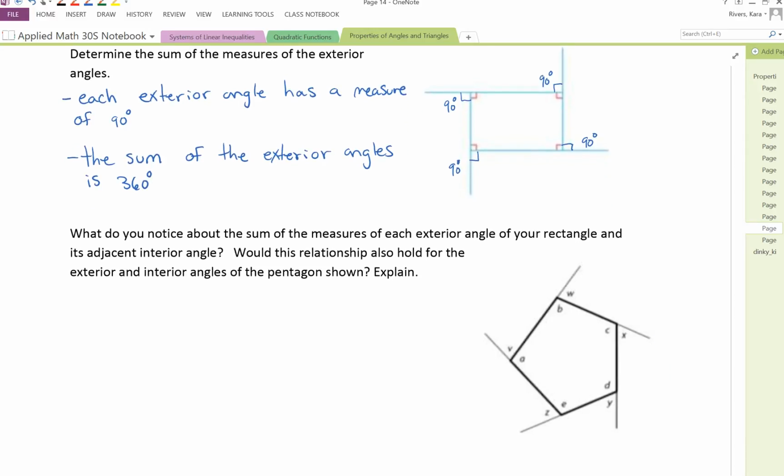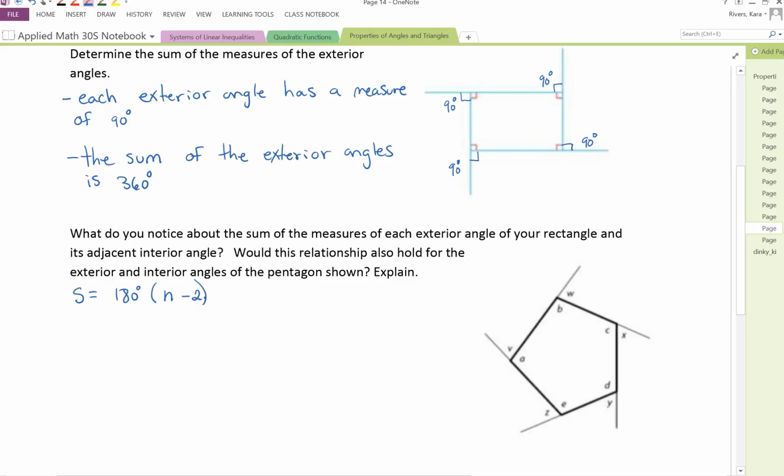So let's take a look. Here's our pentagon. We can see the interior angles A, B, C, D, E, and we can figure out for the interior angles what each angle should be, assuming this is a regular pentagon, using our properties from our table, right? We know that the sum of the interior angles is going to be 180 degrees multiplied by the number of sides minus 2.